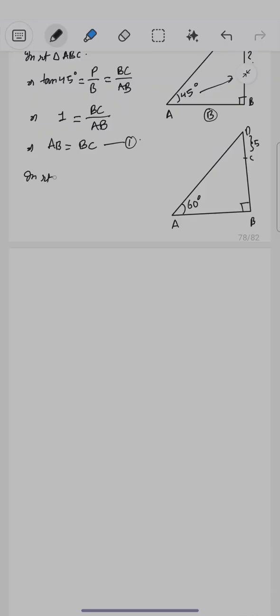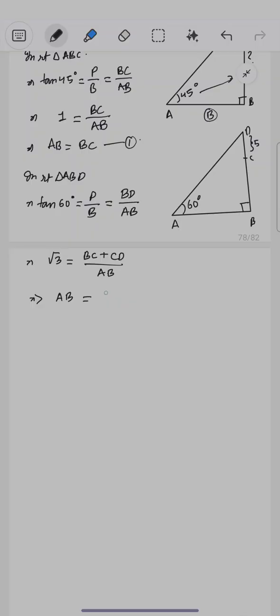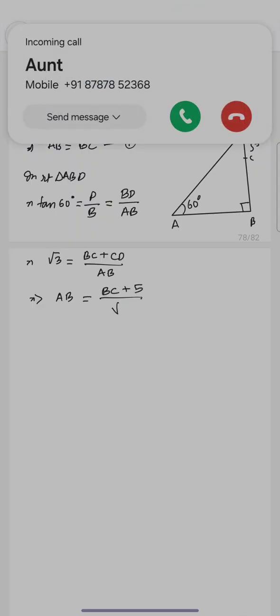In right triangle ABD, tan of 60 is perpendicular by base, which is BD by AB. Tan 60 value is root 3, BD is BC plus CD by AB, and AB equals BC, CD is 5, so root 3 times AB equals BC plus 5.